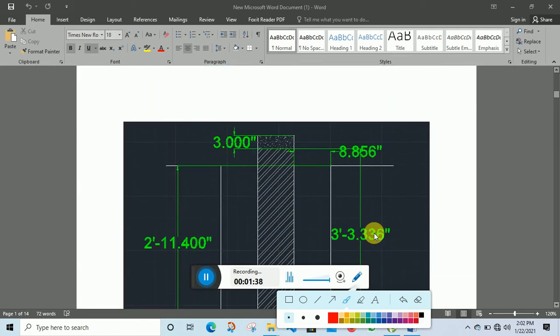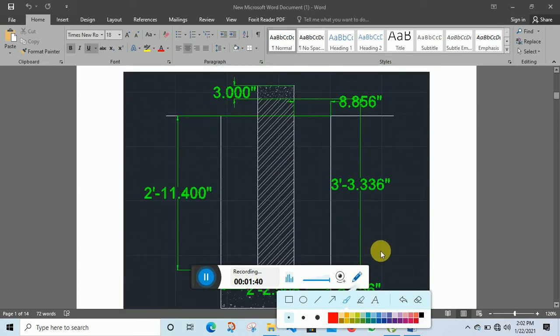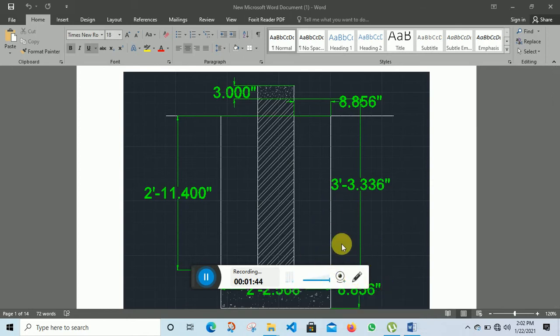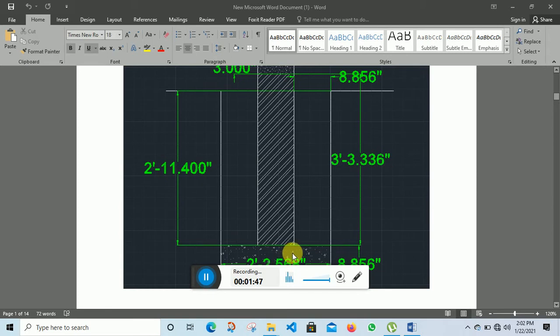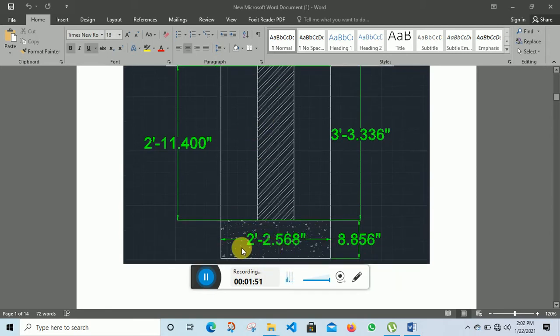This is the cross section of the given foundation plan. This is the footing, and the width of this footing is 2 feet and 2.568 inches. This PCC concrete is in the ratio of 1:2:4.